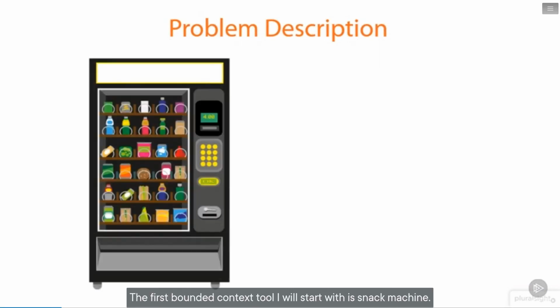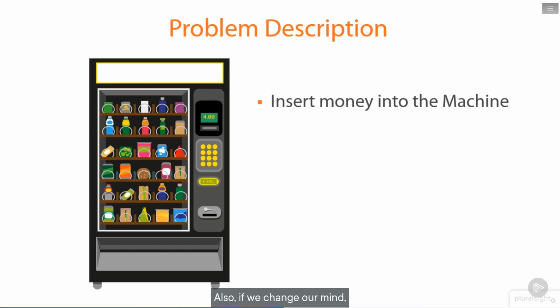The first bounded context we will start with is snack machine. We will talk about the ways to represent bounded context later in this course. For now, we will focus on the machine model implementation. Our first task will be to model the way it works with coins and notes. So what are the operations we should be able to perform with money? Obviously, we need a way to insert them into the machine.